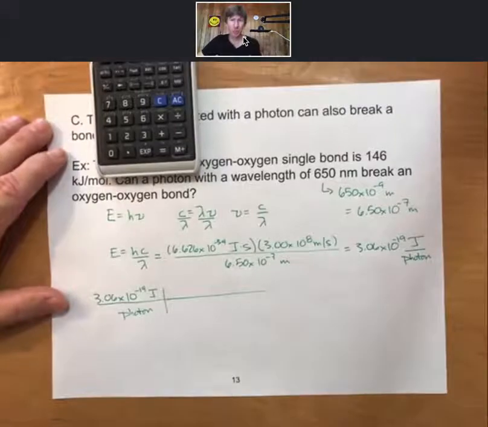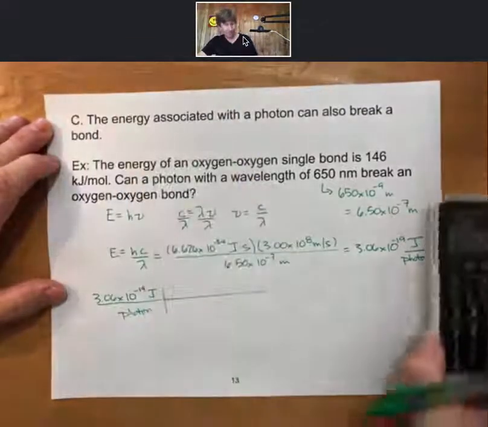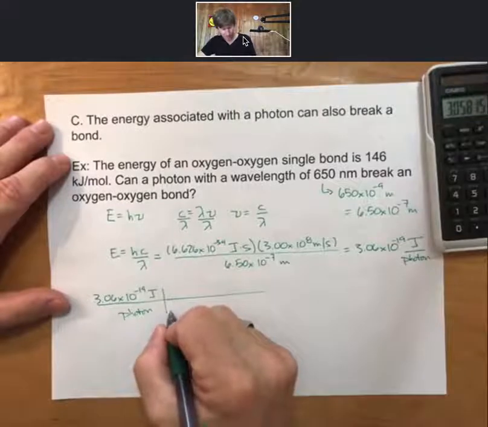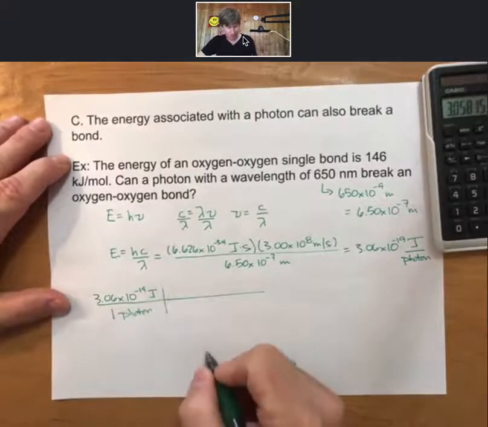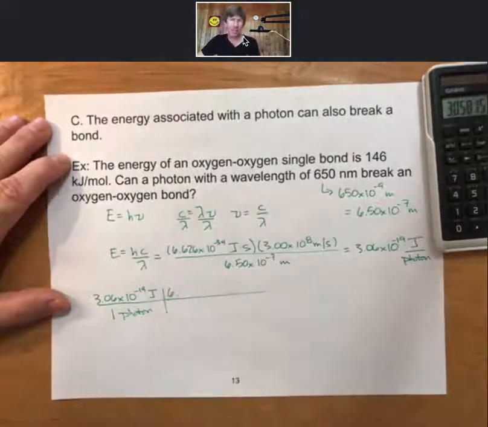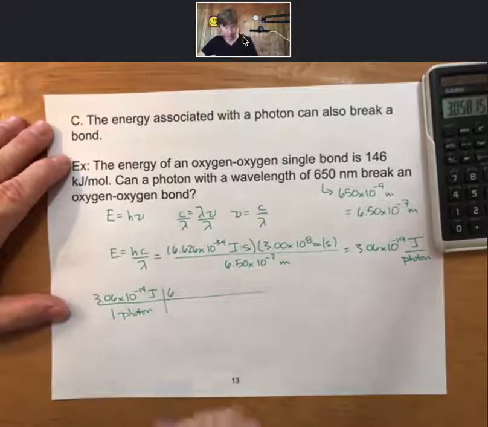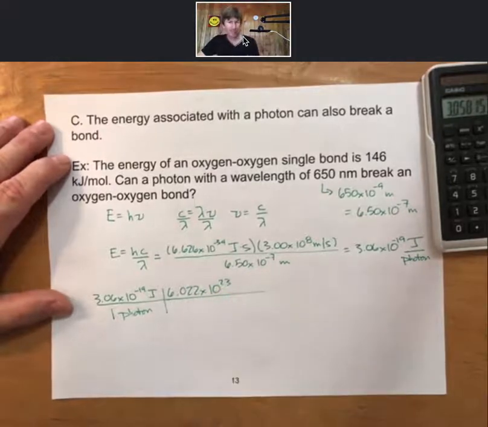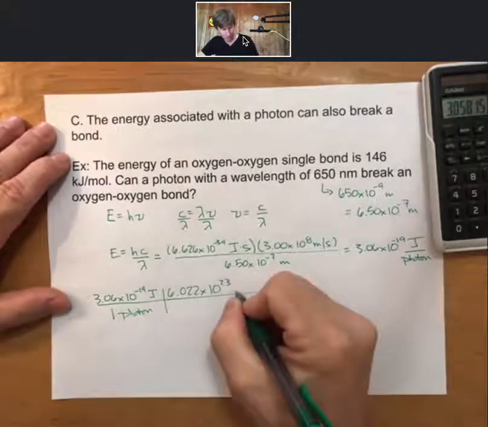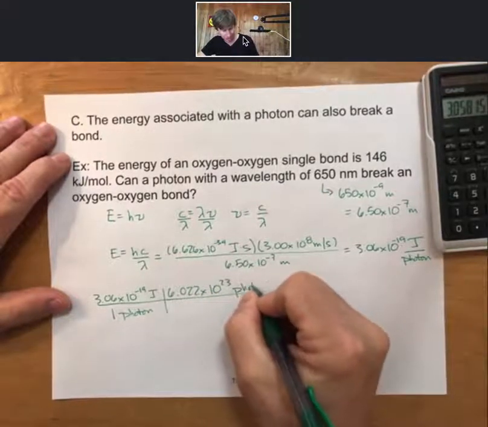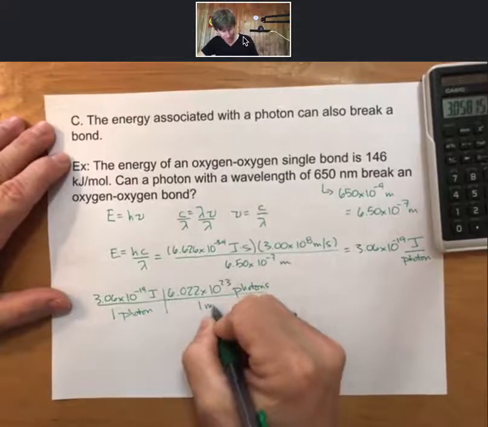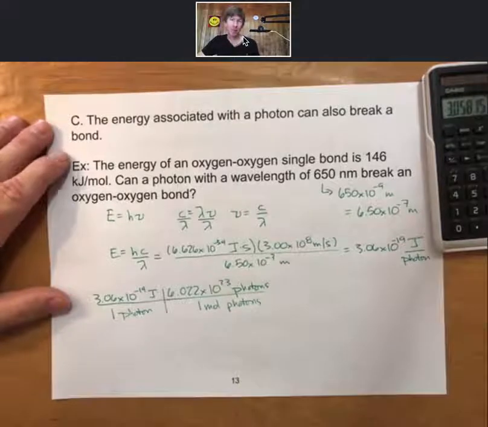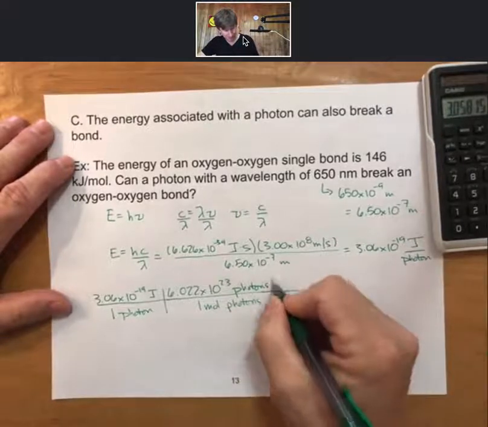We have joules per photon. We know that's per 1 photon. If we're going to get to moles, we need to use Avogadro's number, 6.022 times 10 to the 23rd of anything, but in this particular case, photons, equals a mole of that same thing.